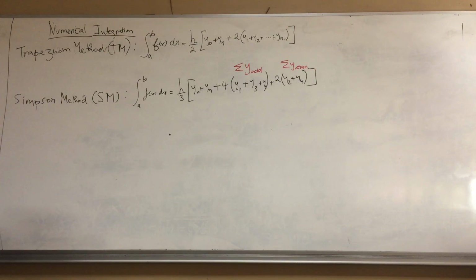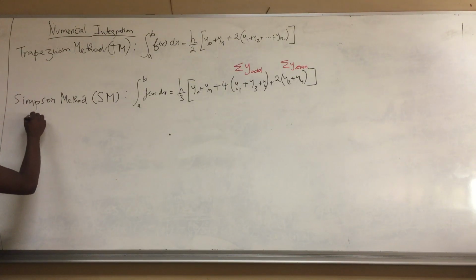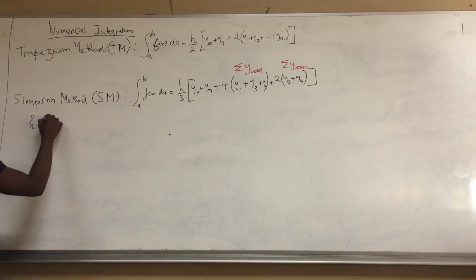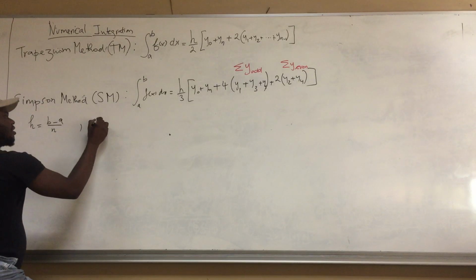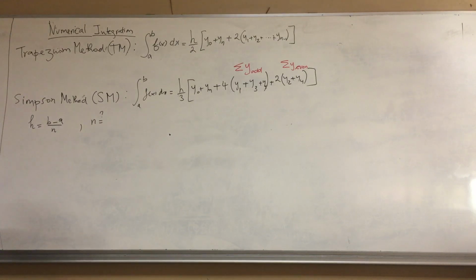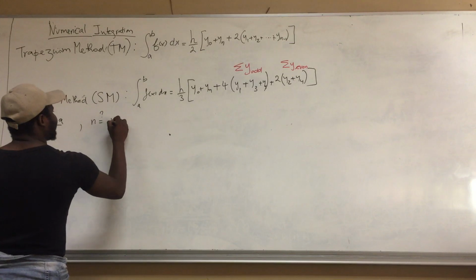Now let's look at h. H is simply b minus a divided by n. Now we have another variable: what is n? N is the number of intervals.